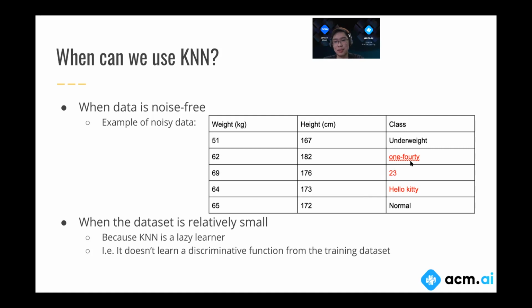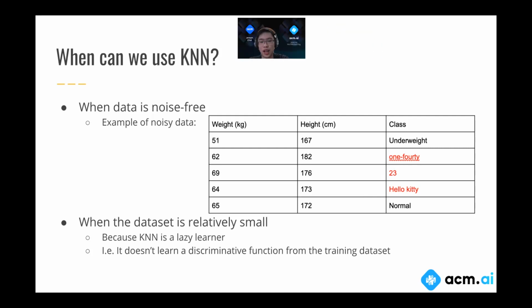So basically these data are nonsense and our machine learning model cannot interpret them properly. That's going to mess up our KNN algorithm, so this is not ideal for KNN at all.